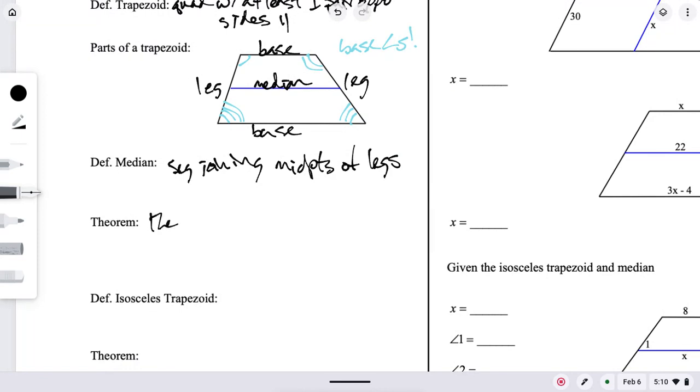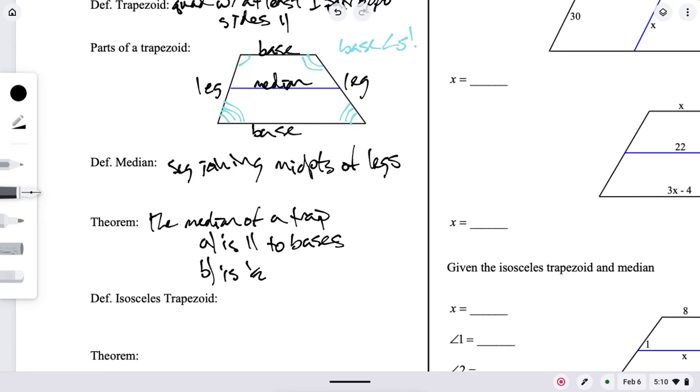The median of a trapezoid. And there are 2 points to this. So A, it is parallel to the bases. B, it's going to be half, so is half the length of the sum of the bases.